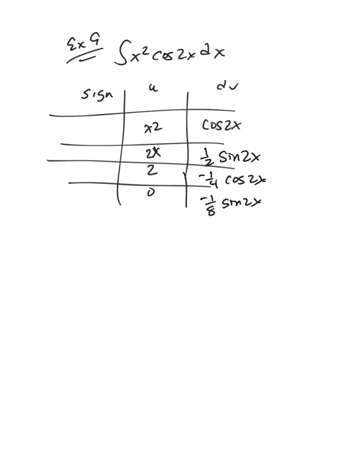Okay, alternate the signs here. Plus, minus, plus, minus. You're going to go diagonal. So you're going to go like this, like this, like this.